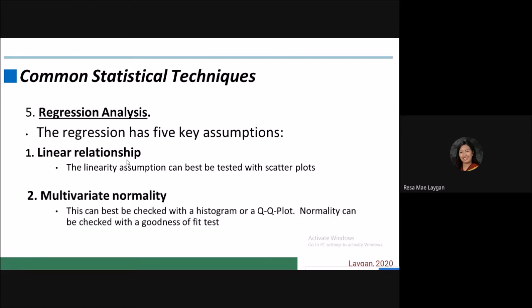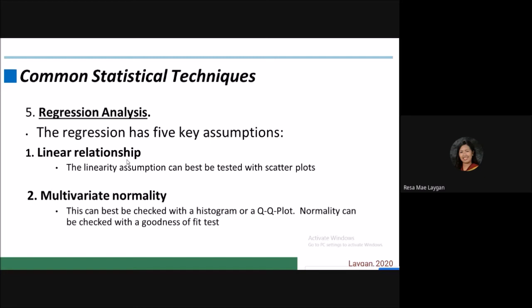Another assumption is multivariate normality. This means that your data should be normally distributed, and you also have to address the outliers.